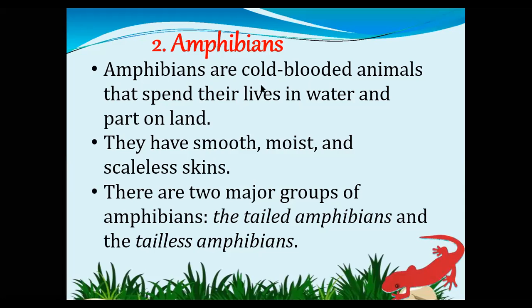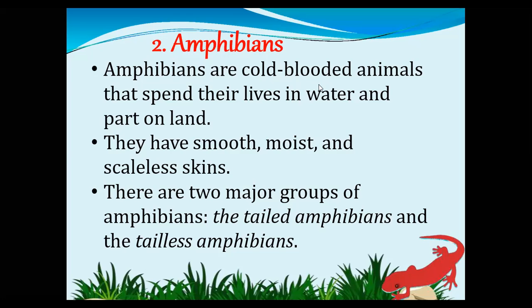Amphibians are cold-blooded animals. I have already told you that cold-blooded means body temperature changes with the temperature of the surroundings. If the surrounding temperature is very low, the body also becomes cold.